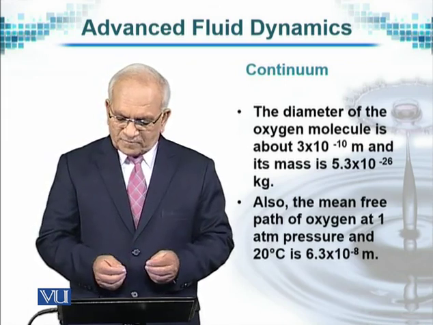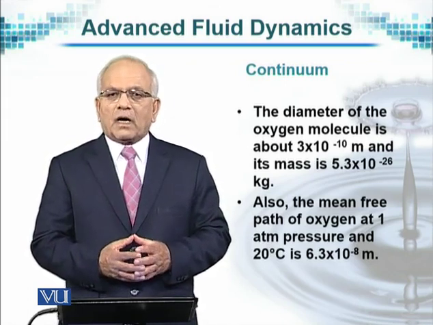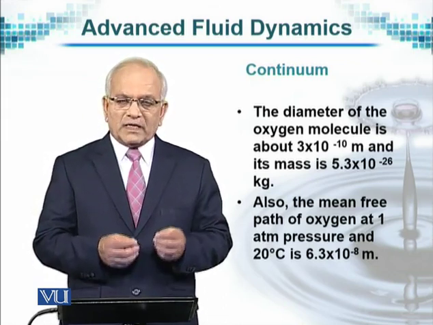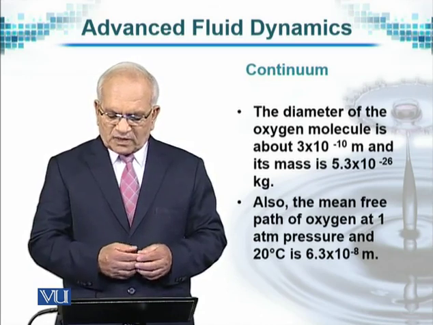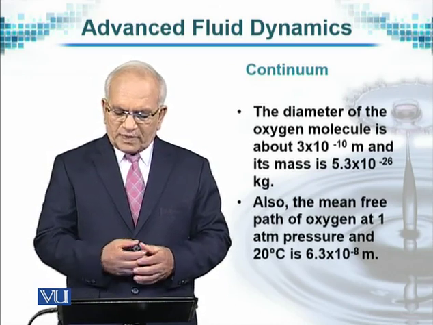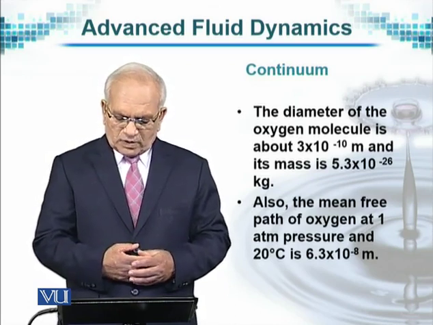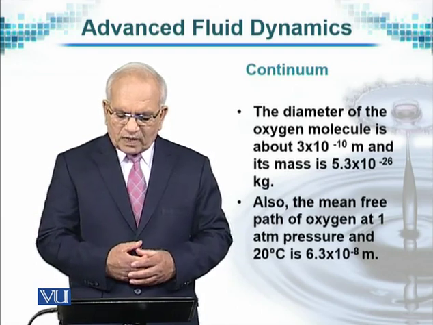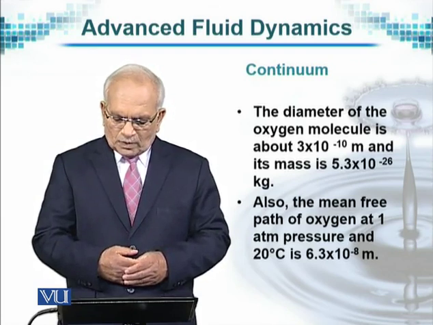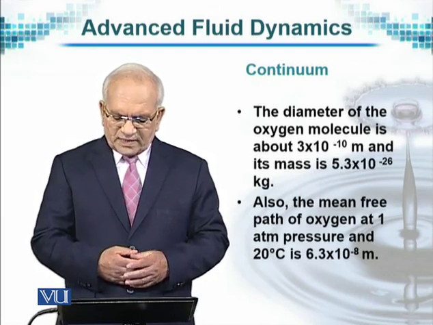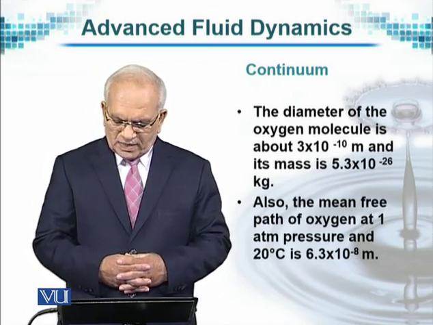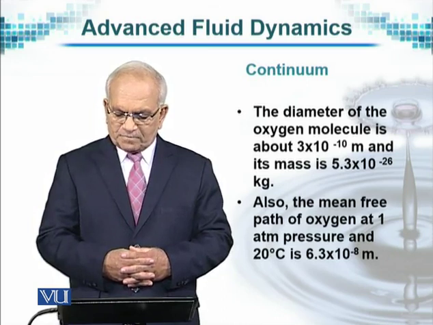So these oxygen molecules are very small basically. They carry very small weight, and their dimensions are very small. As I have mentioned, the approximate diameter of a typical oxygen molecule, and the mean free path of oxygen at 1 atmospheric pressure and at 20 degrees centigrade, is 6.3 into 10 to the power minus 8 meters.